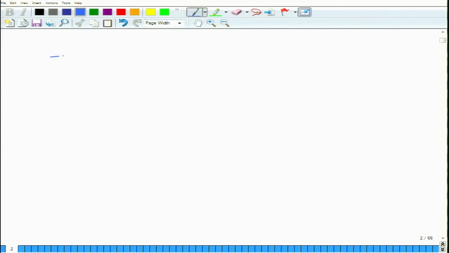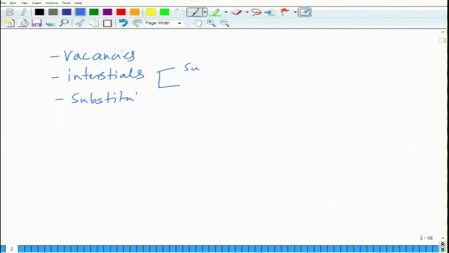Now we have seen that there are point defects such as vacancies, interstitials, and substitutional impurities. Sorry, interstitial cannot be substitutional.